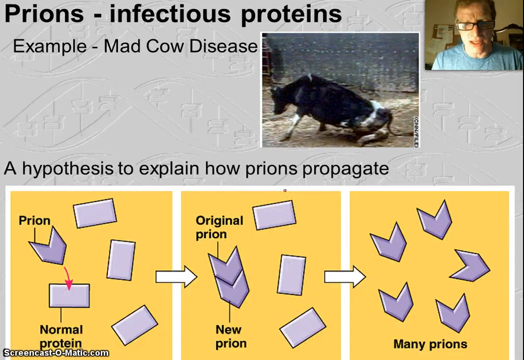And this is scary because what these prions do is they basically get into an environment and they just convert other proteins into prions. They are infectious, so they're capable of converting proteins into prions, which then can convert other proteins into prions. And the problem with this, especially with cows affected with this, is these prions also tend to be resistant to heat.